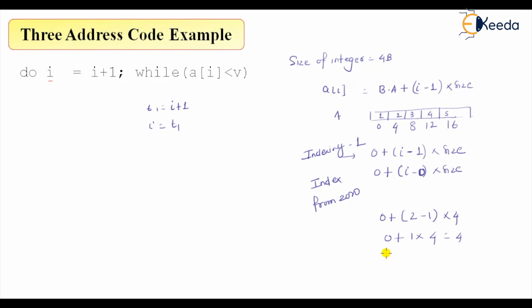Now if the index is from 0, where the elements are 0, 1 and 2, it will be 0 plus 2 minus 0 into 4, which is 0 plus 8, so finally 8. So there are two different answers: 4 if indexing starts from 1, and 8 if indexing starts from 0.